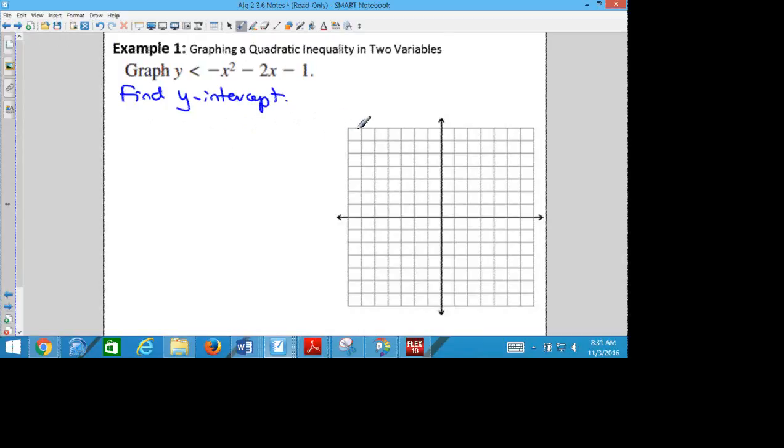We did that for the linear ones too. B was the y-intercept. We always began at the y-intercept. How do we find the y-intercept? It is b if it's in this form. But what if it's not in this form? How do we always find the y-intercept? Here's a hint.